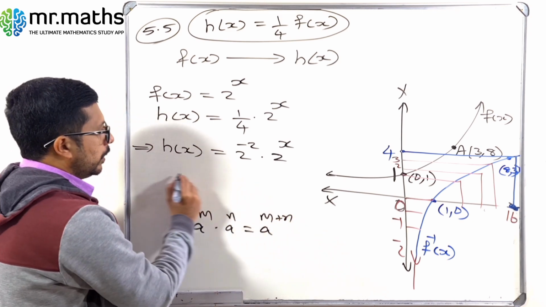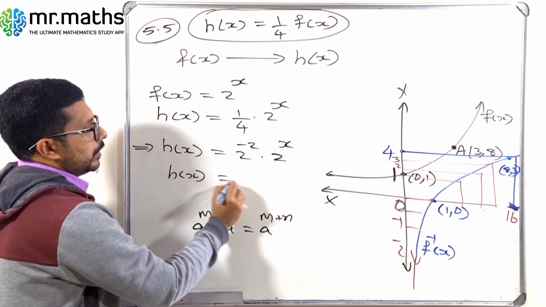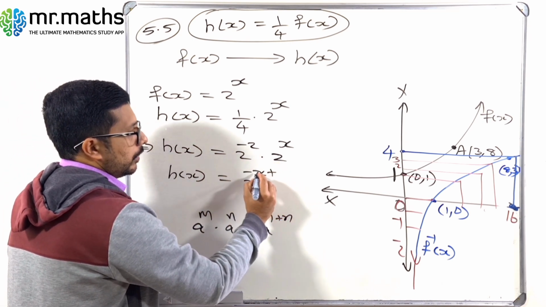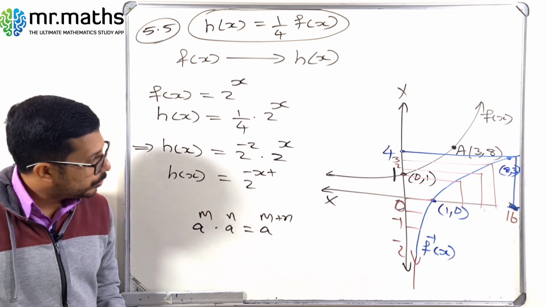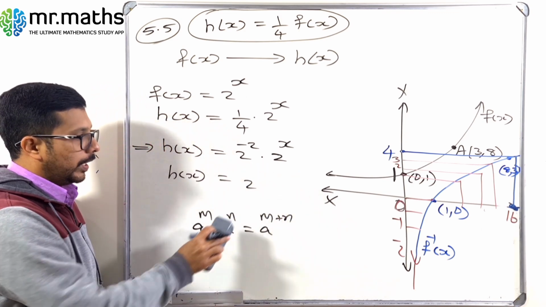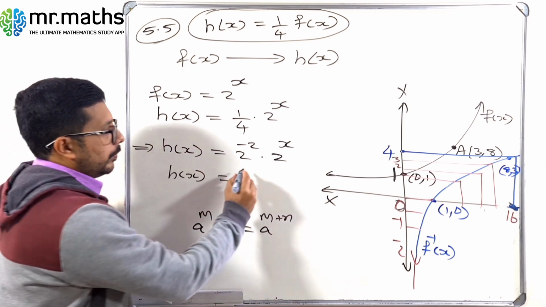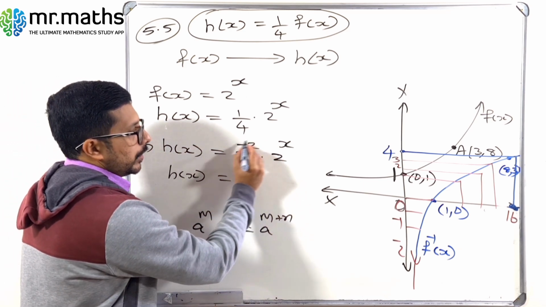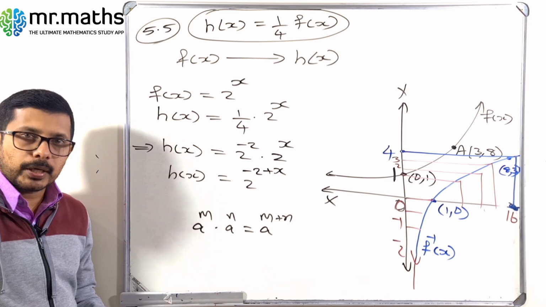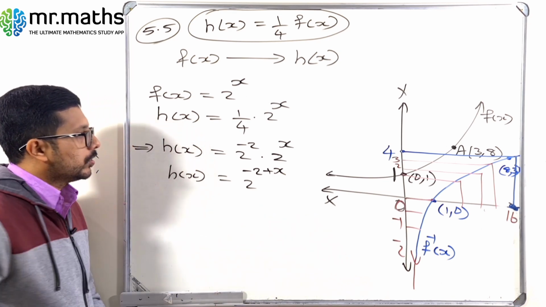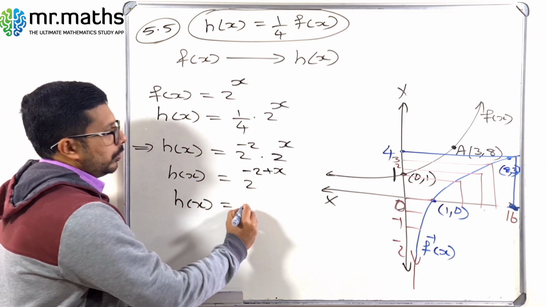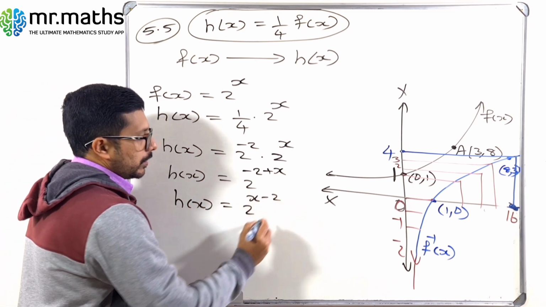So h of x is 2 raised to minus 2 plus x, that is the same as x minus 2. So h of x is equal to 2 raised to x minus 2.